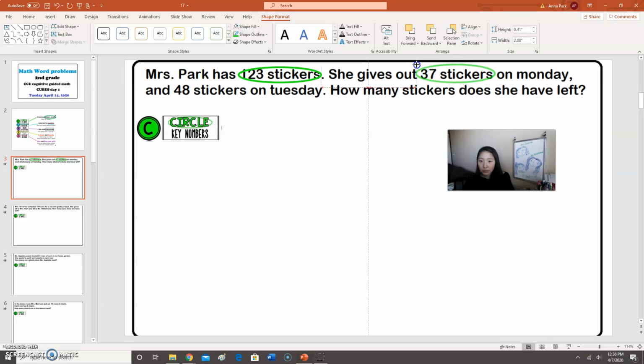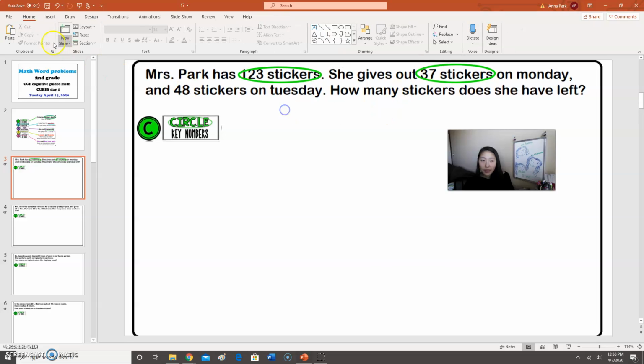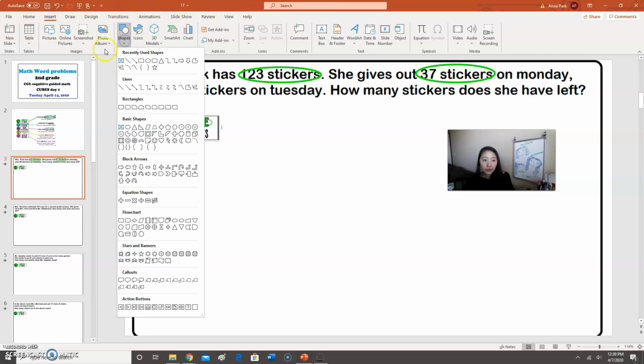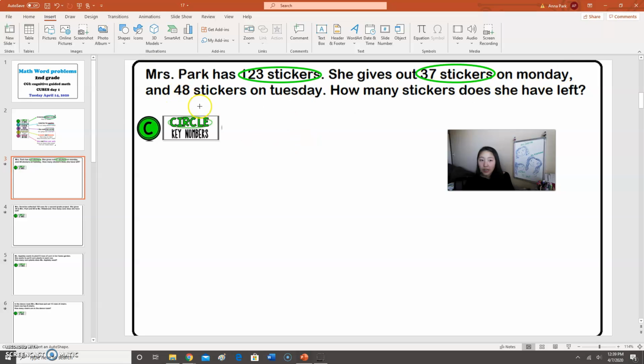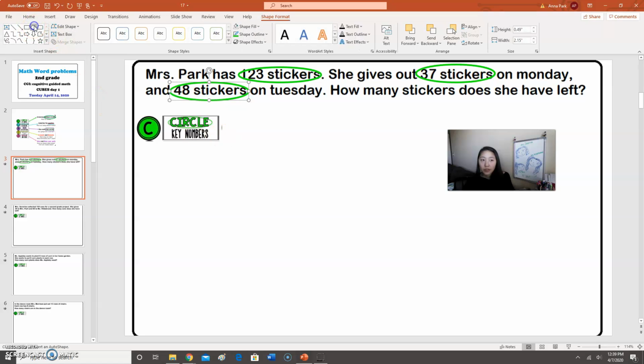I'm going to make it a little bit bigger so we can see it. And the next one is 48 stickers on Tuesday. That's another important one. That's all we have to do for each problem.